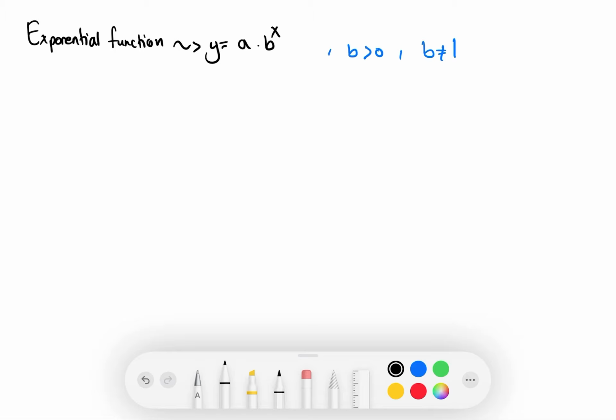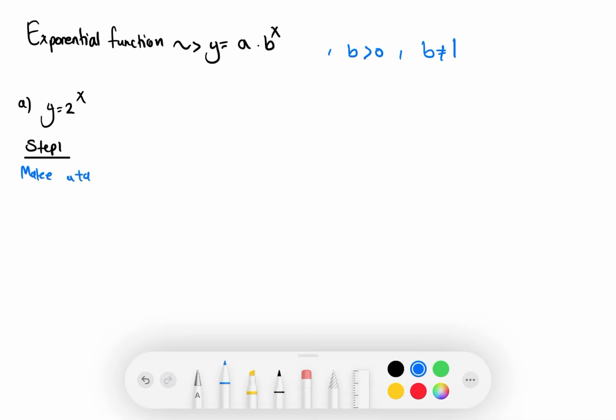Now let's go ahead and take a look at one of the examples for an exponential function and how you can graph it. Let's say, for example, they give you something like y is equal to 2 to the power of x. The first step in graphing any exponential function is to make a table.